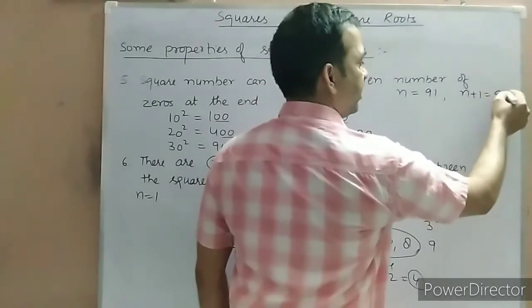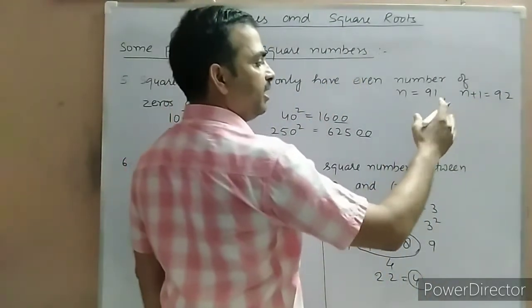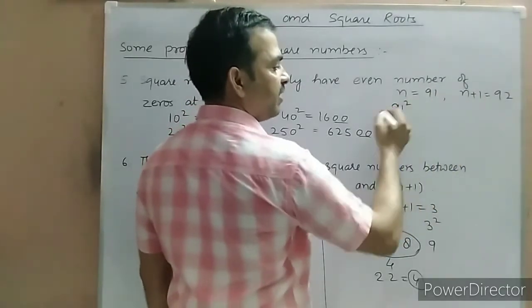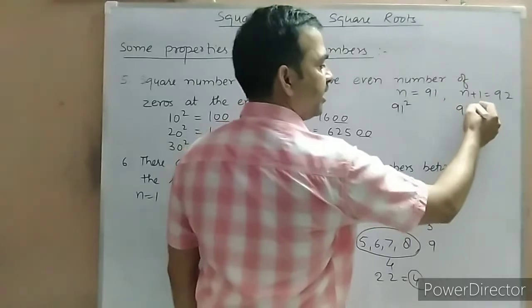We can take another example. If I take n equal to 91, then n plus 1 is equal to 92. How many non-perfect square numbers lie between 91 square and 92 square?